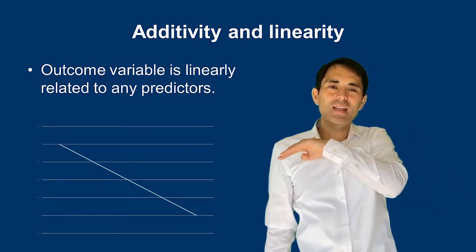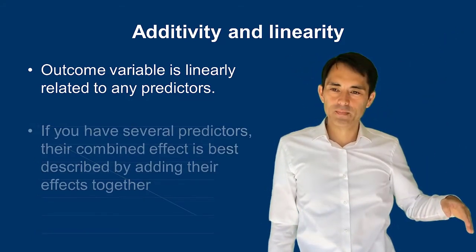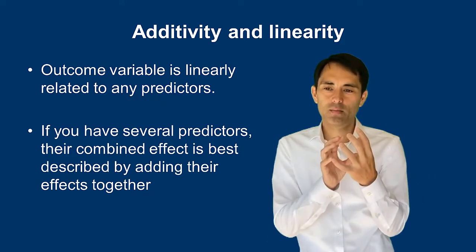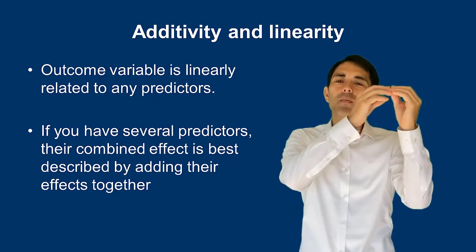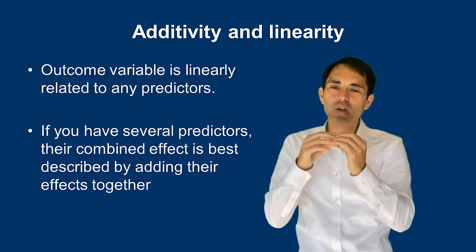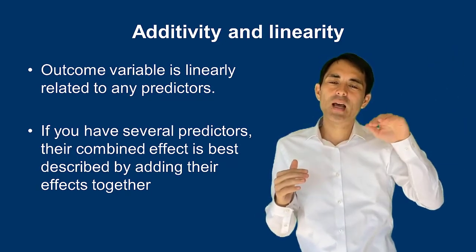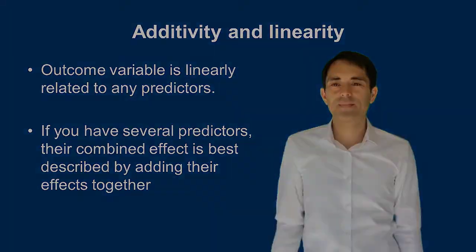So we can plot a line, upward line or downward line. And the idea is that if you combine multiple predictors, each predictor would add something. That's the idea of additivity and some kind of linearity. So we can plot a line between the predictors and the outcome variable.